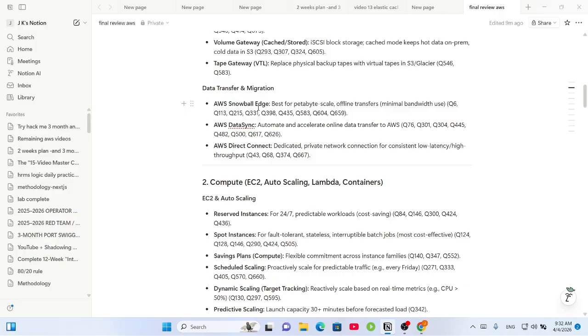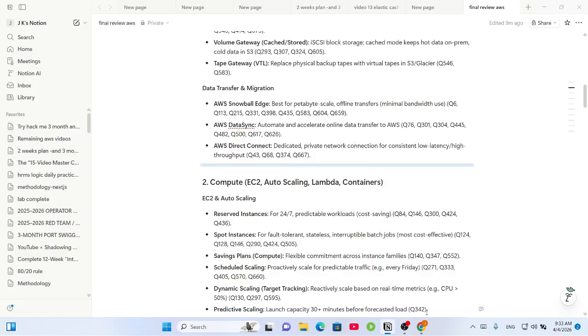All these three are used for data transfer and migration. We've talked about Snowball, and DataSync is supposed to speed up and automate online data transfer, and Direct Connect is the dedicated private network connection for consistent low latency, high throughput.